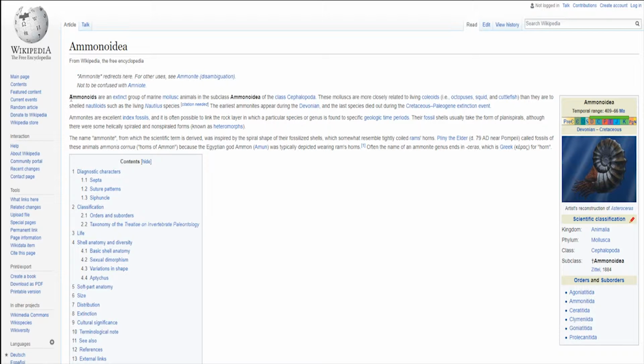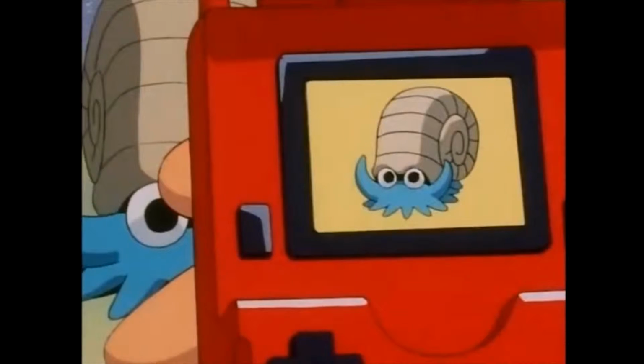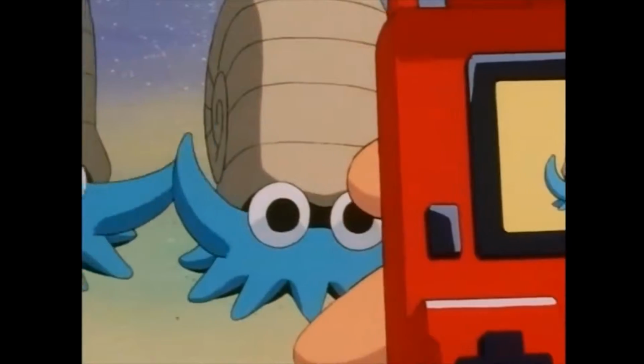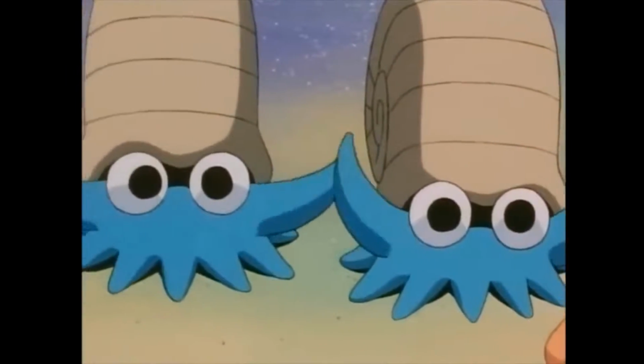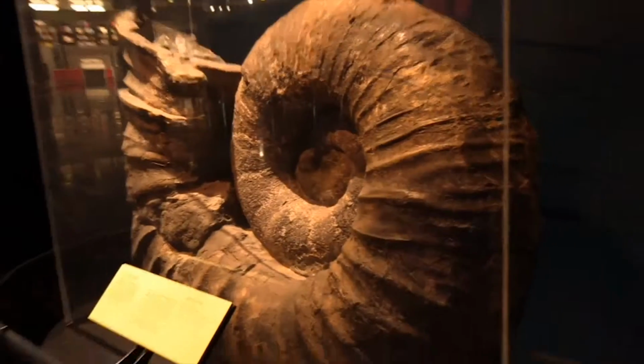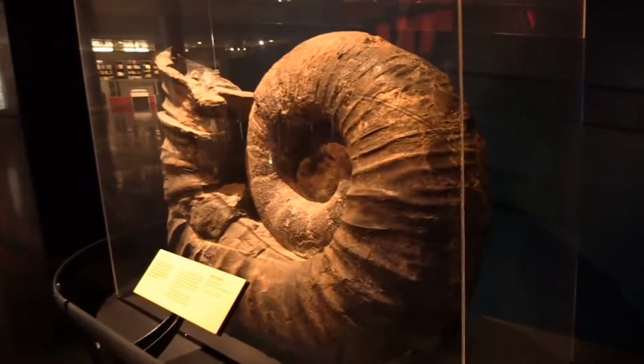Okay, I want you to give this last one a whirl. 400 million years ago, there were these creatures in the sea called ammonoids. We know they existed because of their shells. Now, these things can get pretty big.